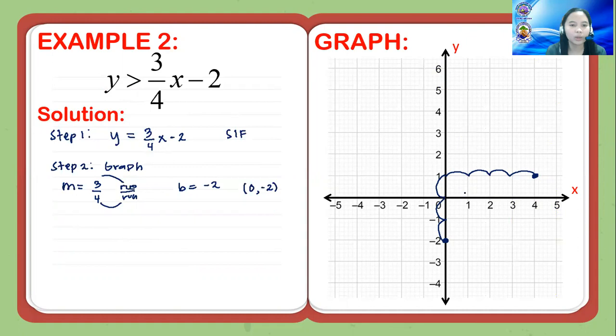Now, let's determine what kind of line we should use, a broken line or a solid line. The symbol is greater than, so we will use a broken line. To have a pattern, I will just draw a solid line and then we will follow the line to make a broken line. I hope this is a straight broken line.